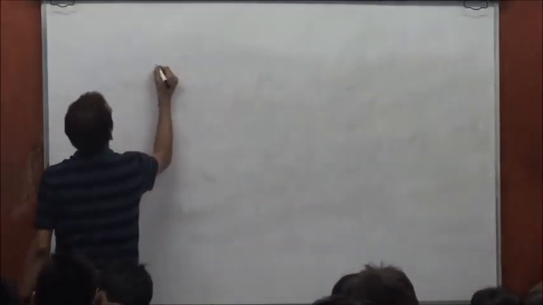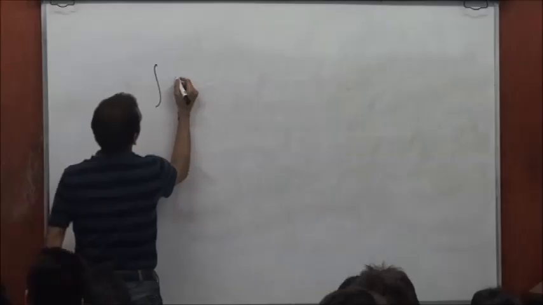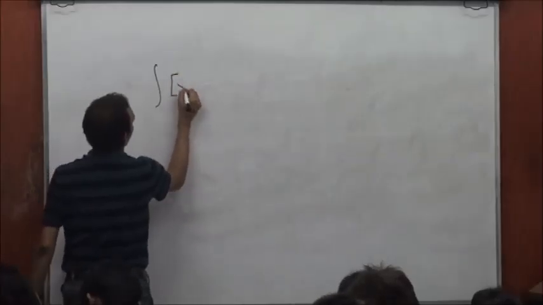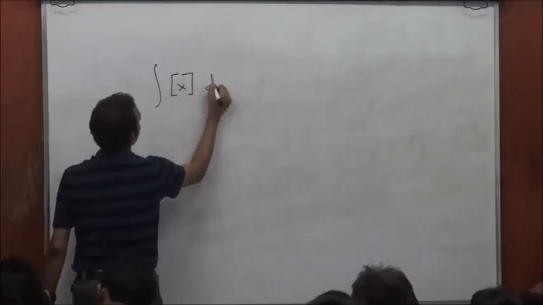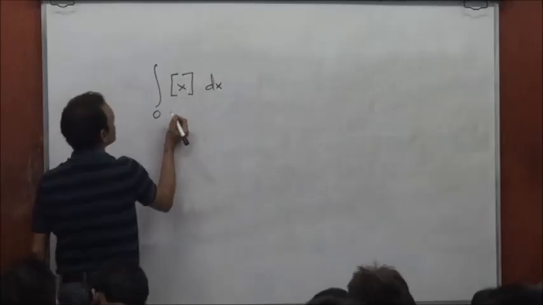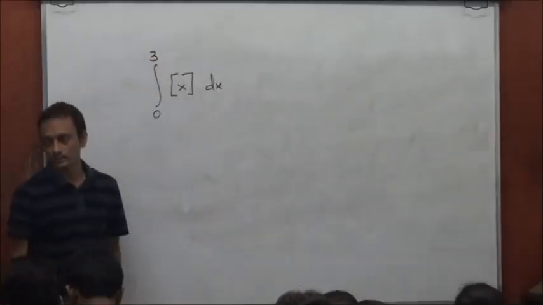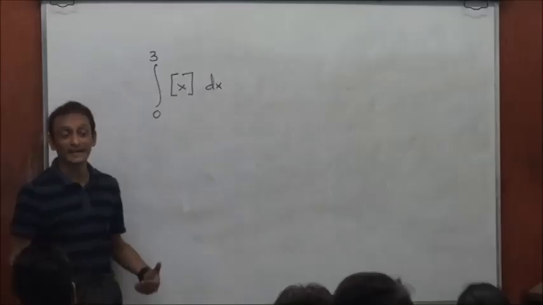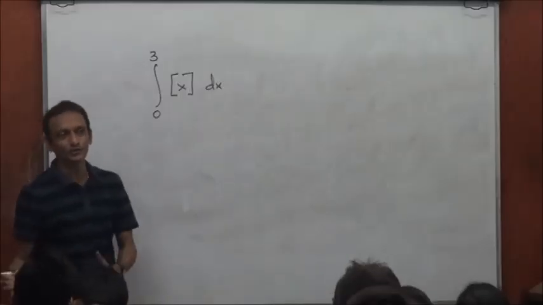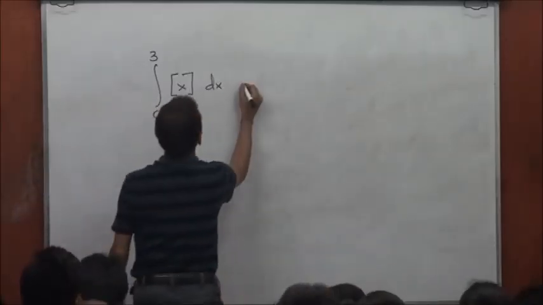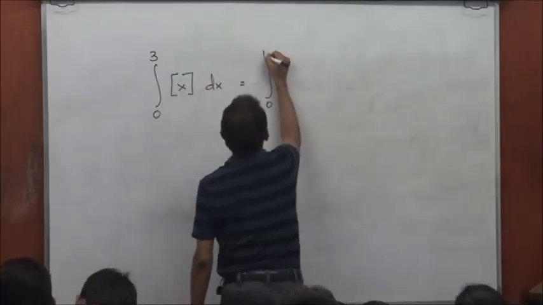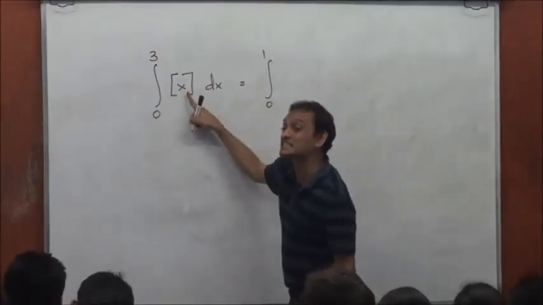Now suppose I had the integral of floor of x dx, x changes from 0 to 3. Then again, you will take intervals like 0 to 1, 1 to 2 and 2 to 3. In the interval 0 to 1, floor of x is 0.